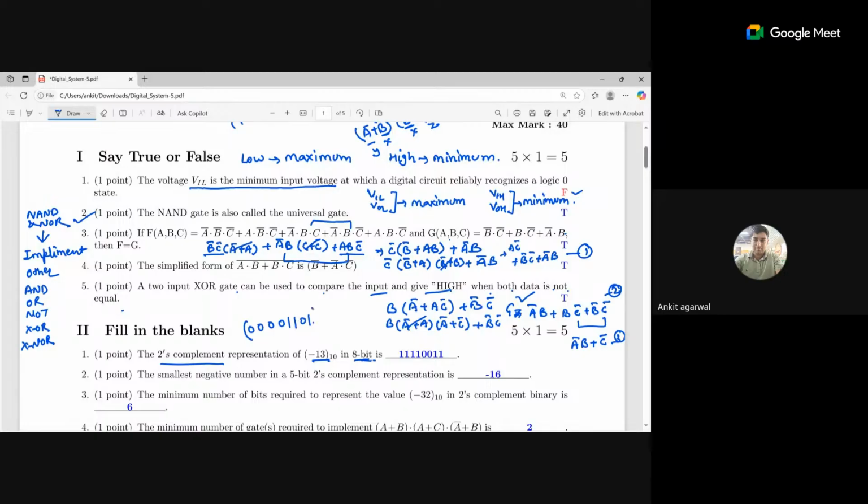This is the binary number of plus 13. Now we require minus 13, so we have to take the 2's complement. I already told you how we take the 2's complement. Start from the right side till the first one. The data is the same. After that, every bit will be flipped. So 0 will be 1, both 1s will be 0, and all four zeros will be 1.